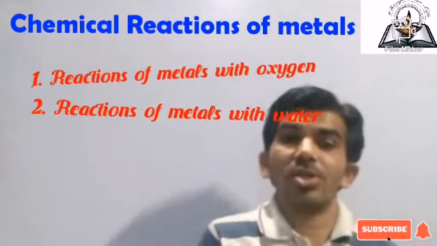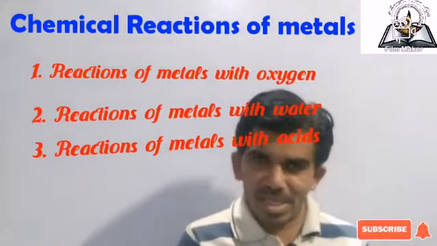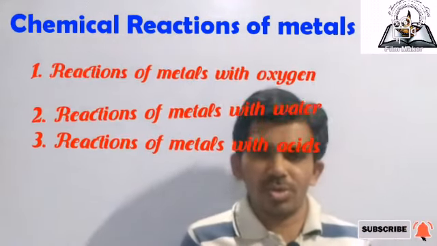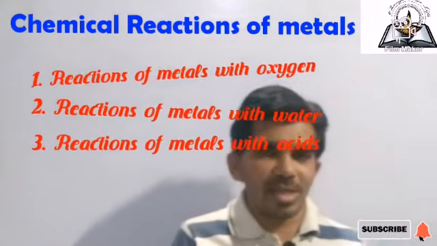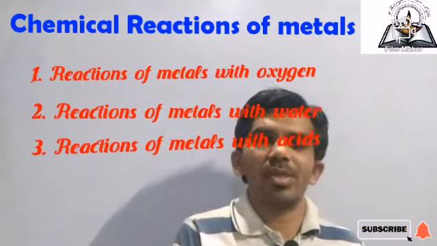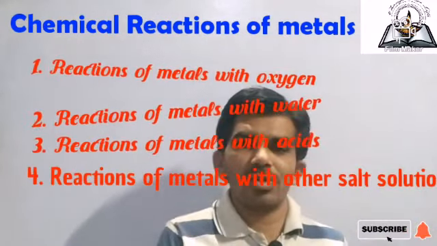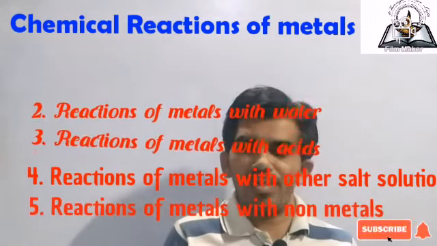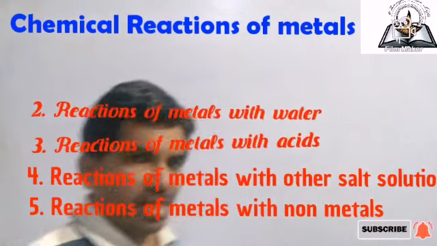Third one, reactions of metals with acid. उसमें भी हमें देखना है HCl के बारे में, H2SO4 के बारे में, then HNO3 के बारे में, that is hydrochloric acid, sulfuric acid, and nitric acid. Next one is the reactions of metals with other metal salts, and last one, reactions of metals with non-metals. ये 5 types के reactions हमें देखना है.